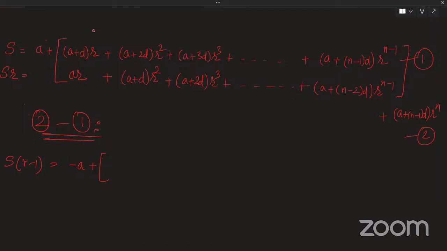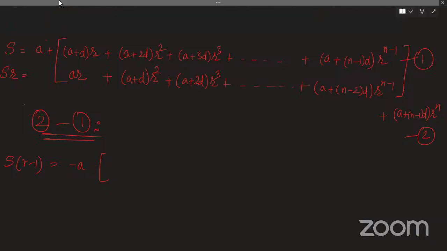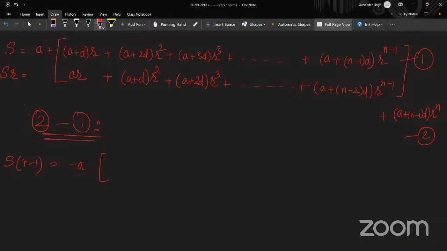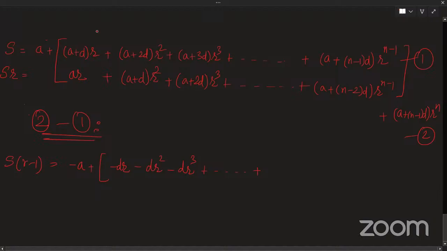Will it be dr or minus dr? It will be minus dr. Or in other words, you can take this whole as minus also if you want. So it is minus dr, minus dr squared, minus dr cube, and so on up to... Okay, just a minute.